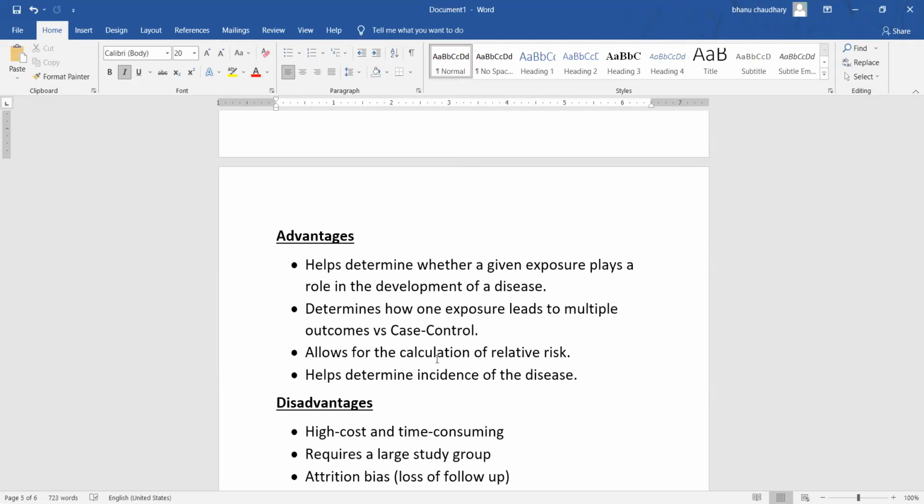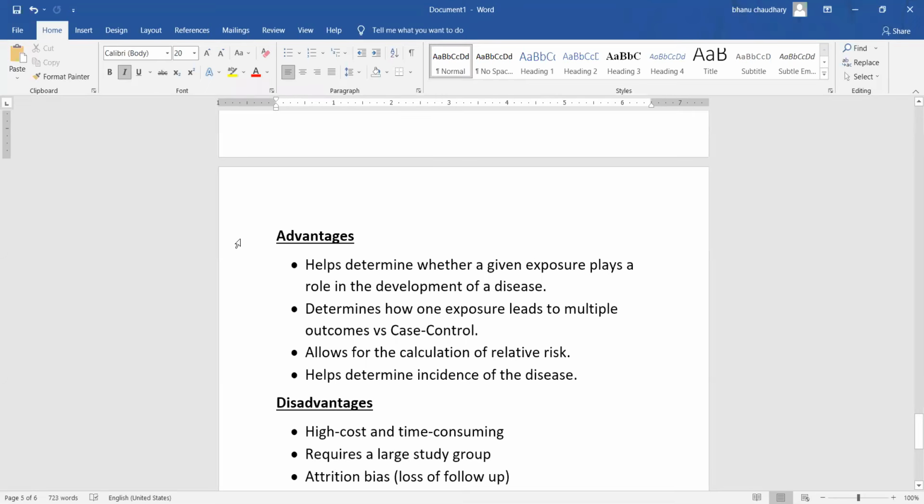So once you determine which patient has a history of esophageal cancer, and which patient does not, you will go back in time and look for the exposure status, whether they consumed alcohol, whether they smoked, whether they have a history of GERD or not. Okay, so you can determine how one outcome can be caused by multiple risk factors. But in case of a cohort study, you're determining how one risk factor can cause multiple diseases. Okay, very much important though.